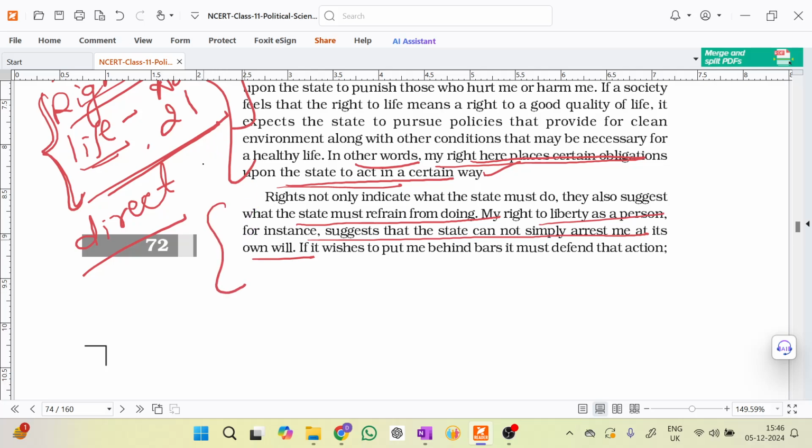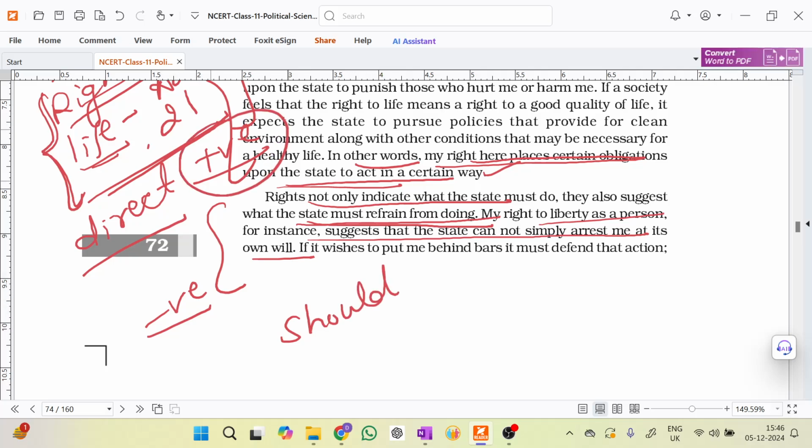But other than this positive obligation, there is also a negative side to it: rights not only indicate what the state must do, but also what the state should not do. Earlier we talked about the positive side, what the state must do.